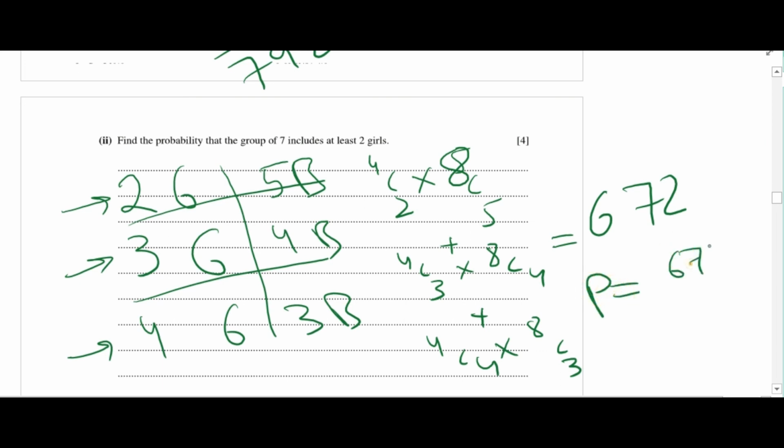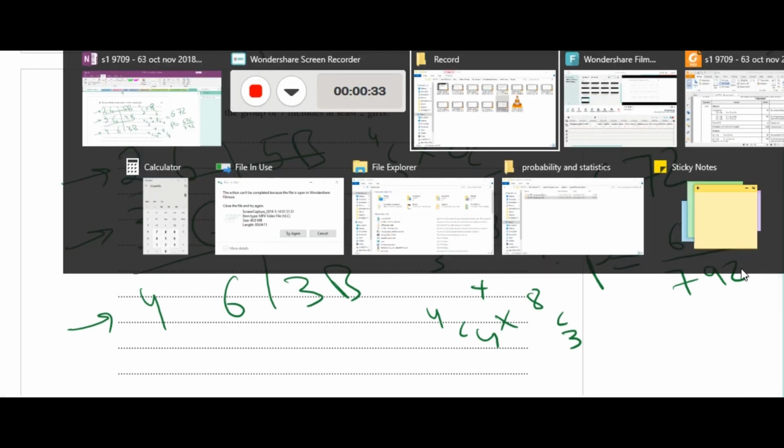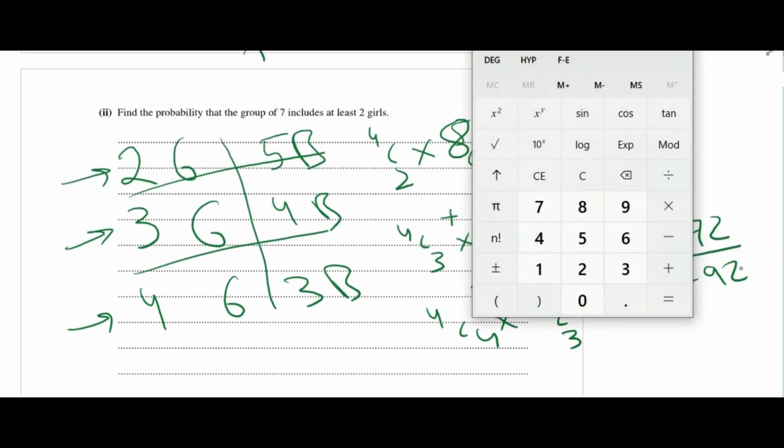After solving it, the answer will be 672. So we need to find the probability. The probability of getting at least 2 girls would be 672 upon the total number of events. The total events were 792.